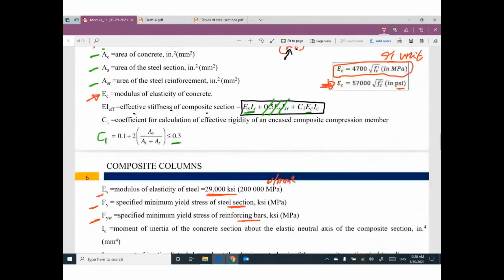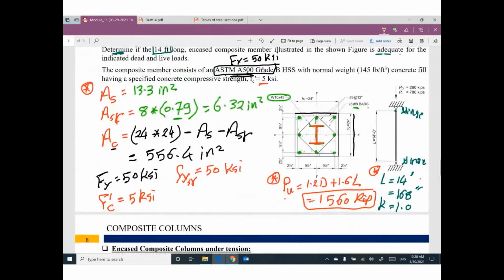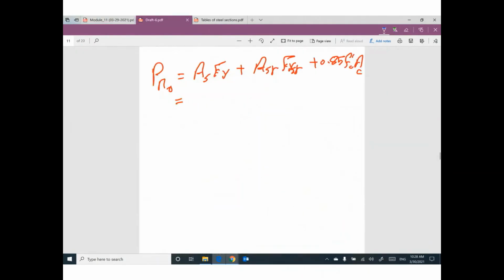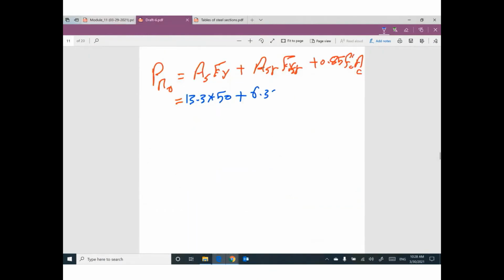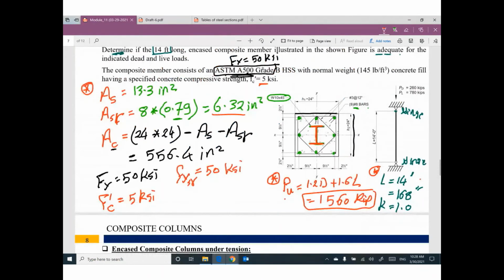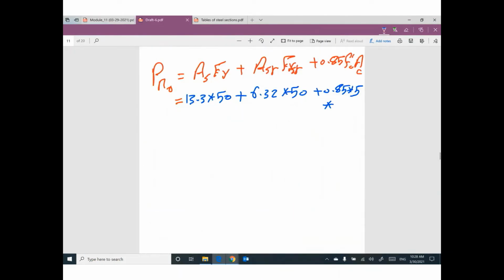Area steel, how much? 13.3, F yield 50. Area steel reinforcement 6.32, F yield 50. 0.85, F prime C 5. Area concrete, how much? 556.4.